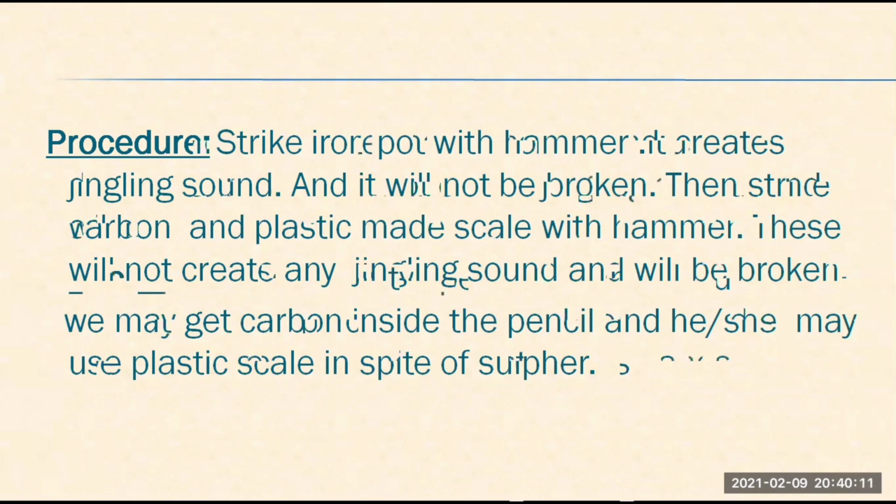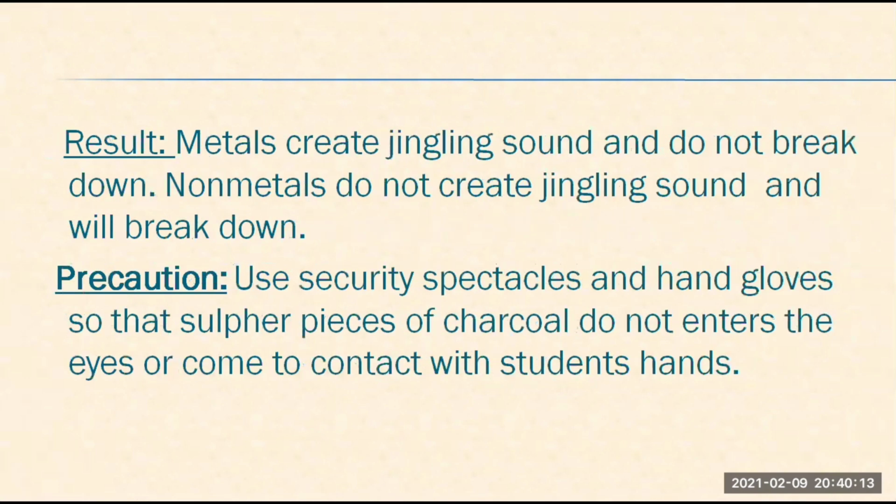So let's see. Metals create a jingling sound and do not break down. That means, as I told you, metals have elasticity, you can easily shape them, and you can give them any type of shape.